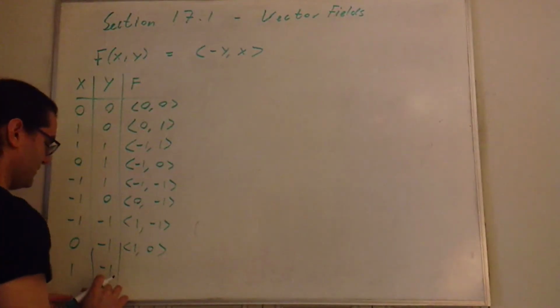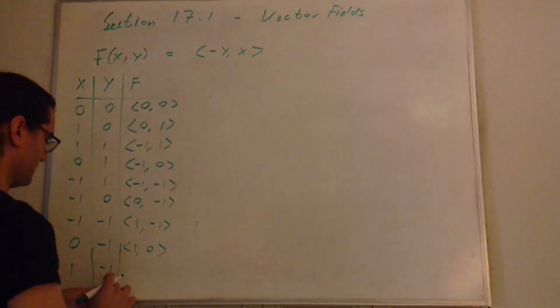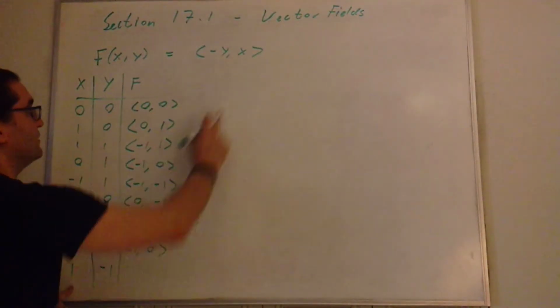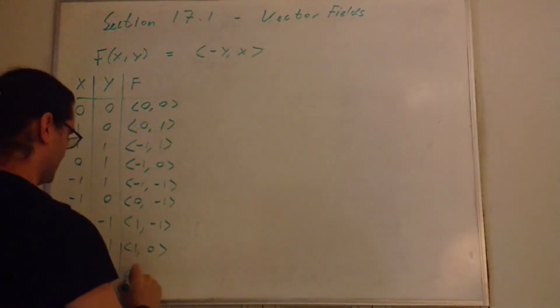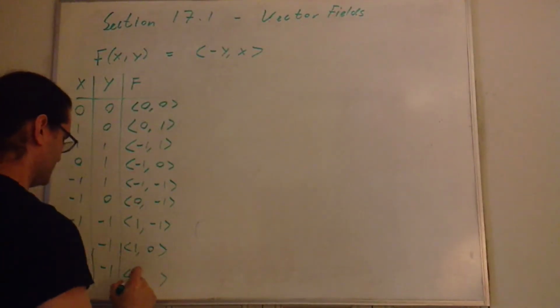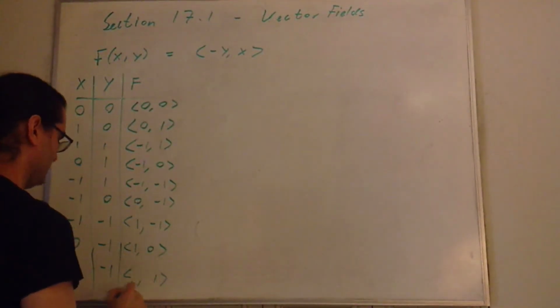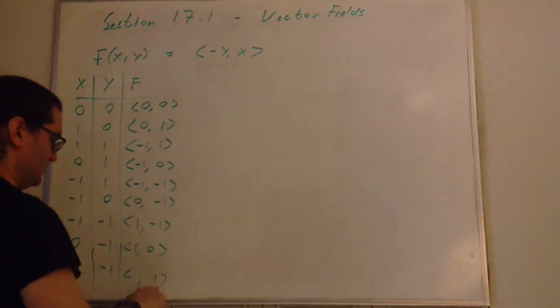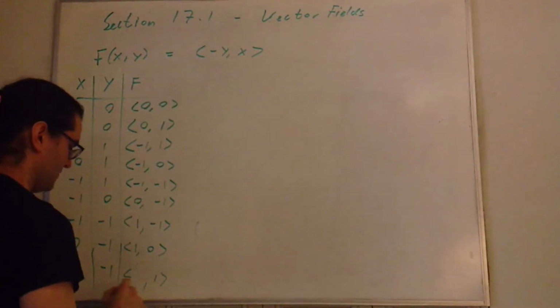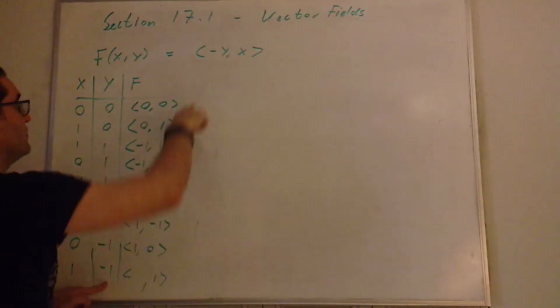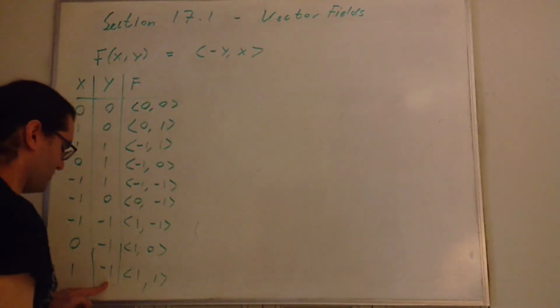And 1 comma negative 1, this is the other tricky one I have to think about. Negative 1 for an x value means that this is going to be positive 1. Sorry, positive 1 x value means I get a positive 1 for my j component. Negative 1 for y value means that I get a positive 1 for my y component.